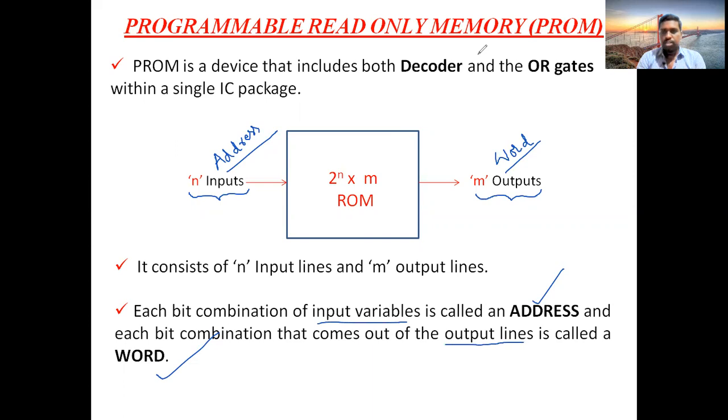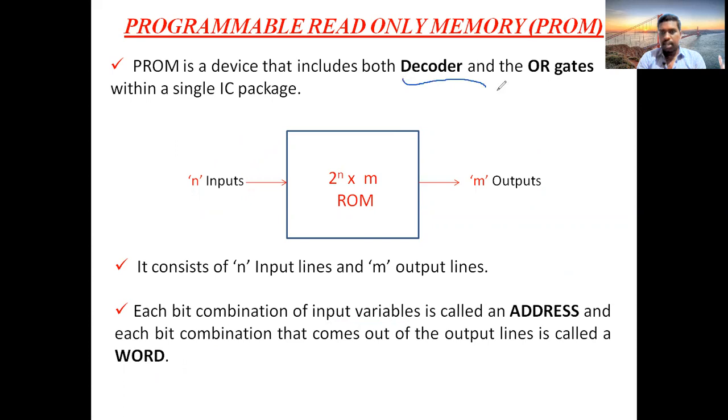So this is the introduction regarding PROM. Whenever you see PROM in your question, you should get into your mind that it is a combination of a decoder as well as a combination of OR gates.